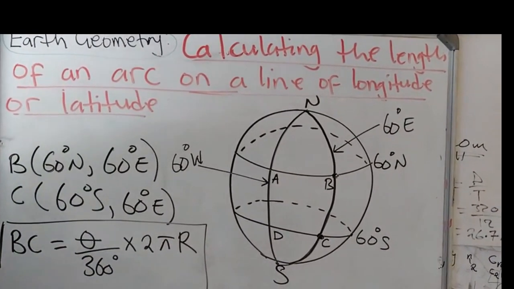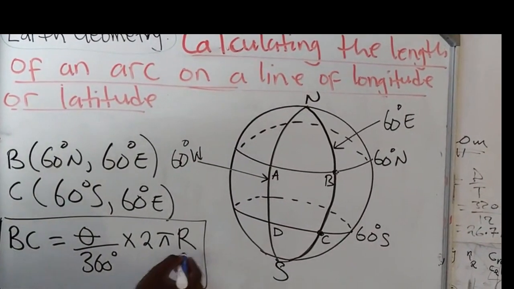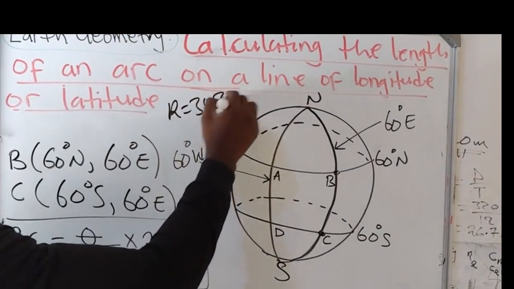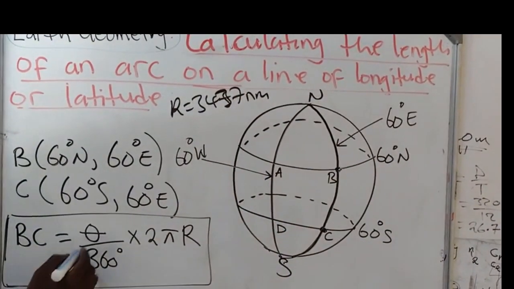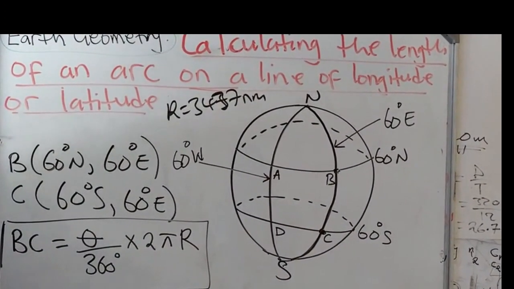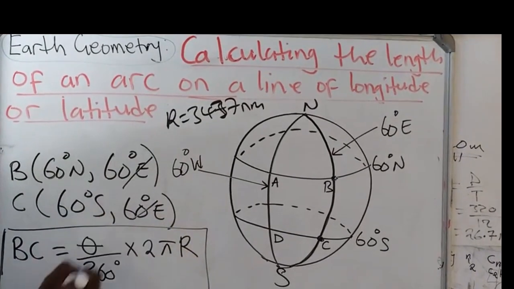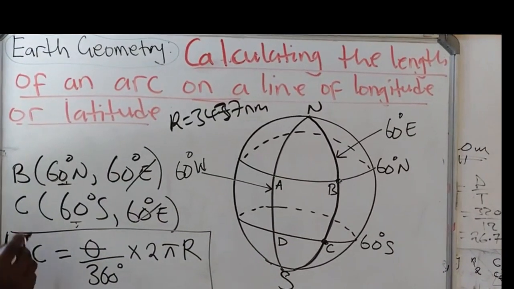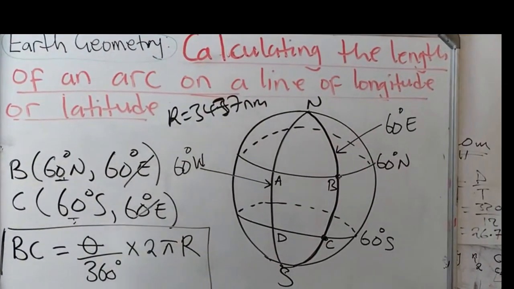We have to fill in theta and r, which is the radius, and they have said it is 3437 nautical miles. For theta, it is the difference in latitude. We have the same longitudes, which cancel, and we just have the latitudes, 60 degrees north and 60 degrees south.